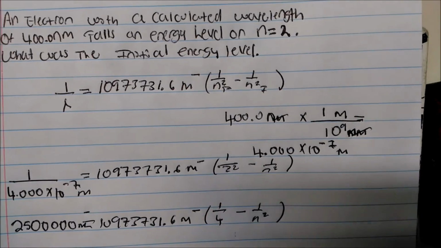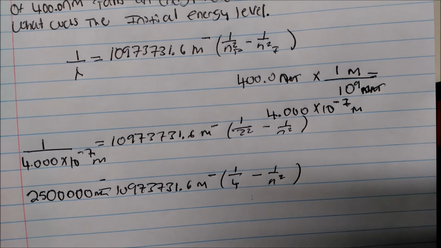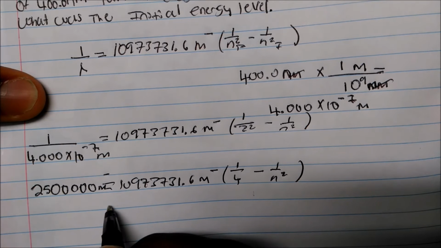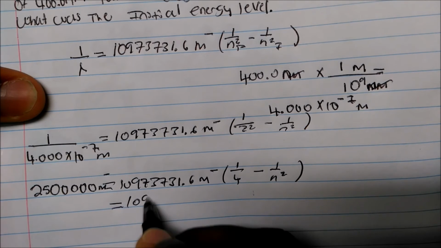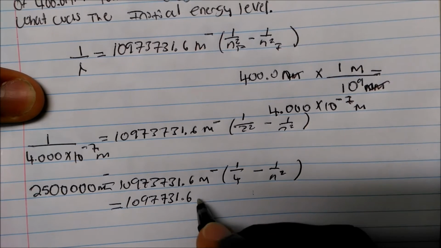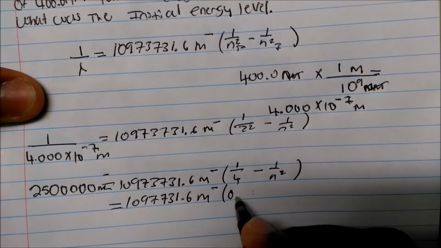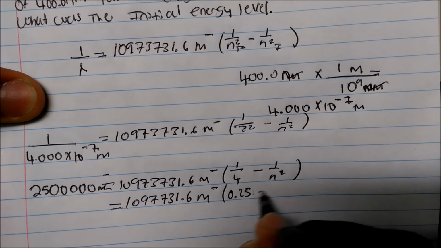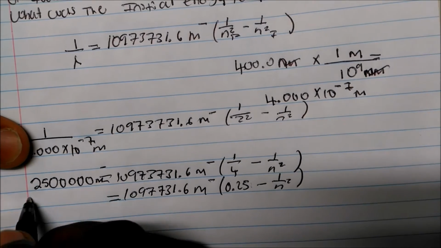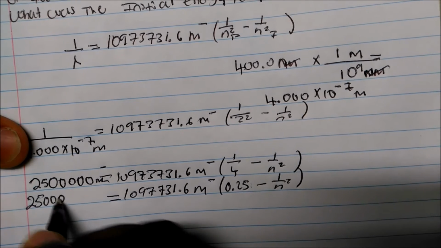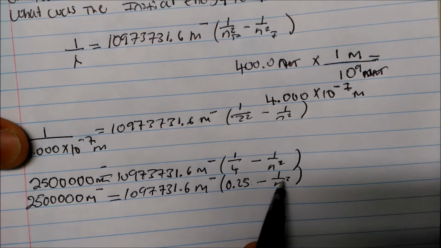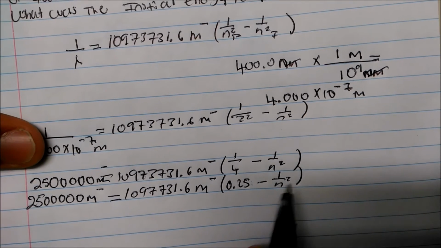And let's do the simple math right there. Now let's redo this by just dividing 1 by 4, which equals 0.25. So we have 10,973,731.6 meters inverse times 0.25 minus 1 over n squared. Now we want to isolate n, because this is ultimately what we're solving for.